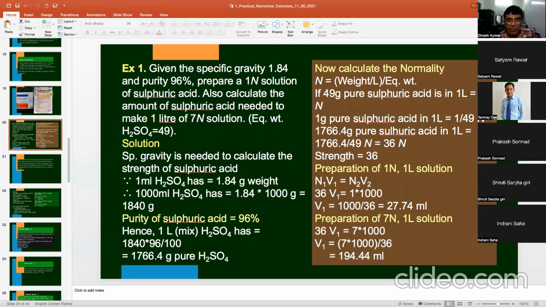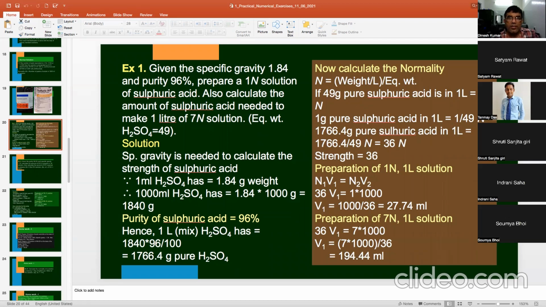So now we need to see purity. We know that in 1 liter, the weight of sulfuric acid is 1840 gram. Because this is not pure, we need to apply the 96% purity of sulfuric acid. That means 1840 into 96 by 100, which is 1766.4 gram of pure sulfuric acid.